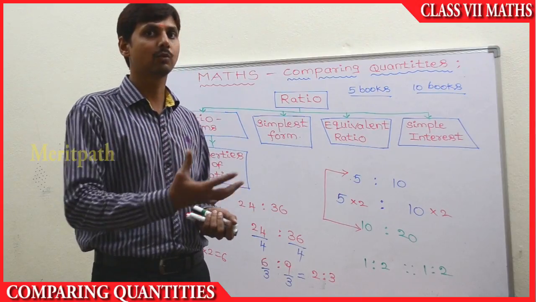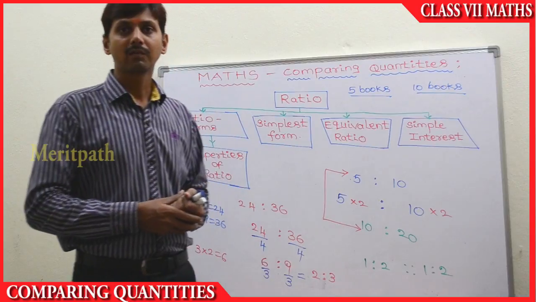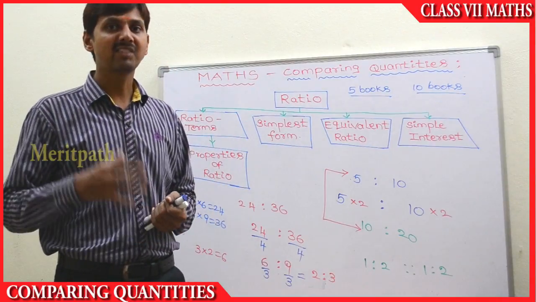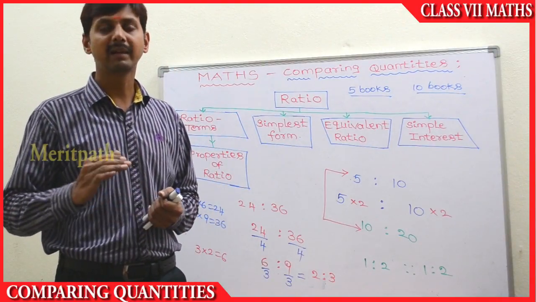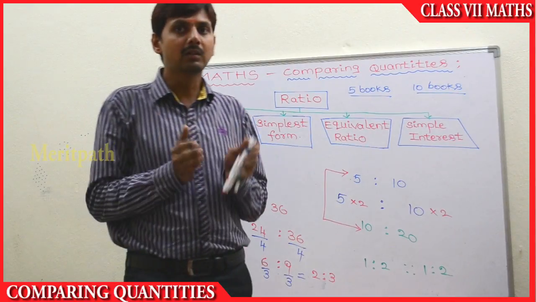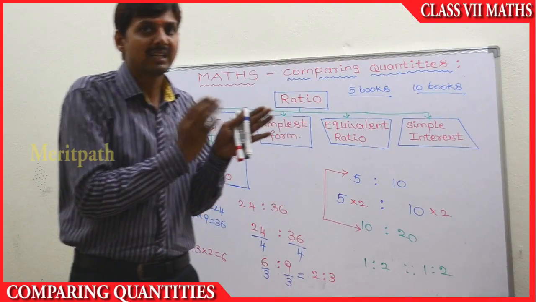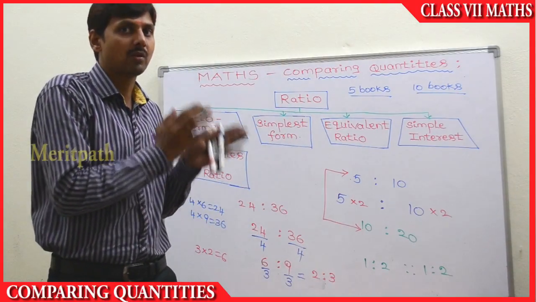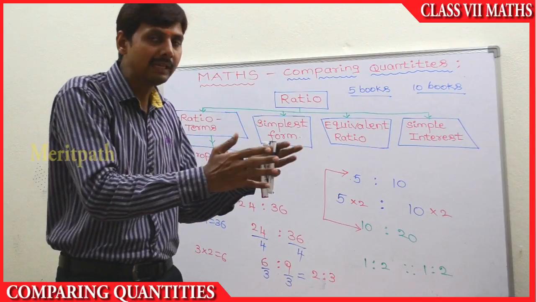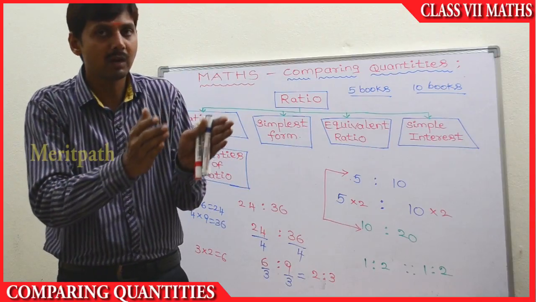So for example, we have taken 10,000 rupees and we will pay after 1 year. A particular percentage of the amount we need to pay, for example for 100 rupees we need to pay 1 rupee.